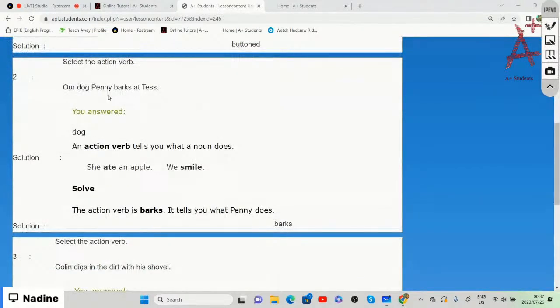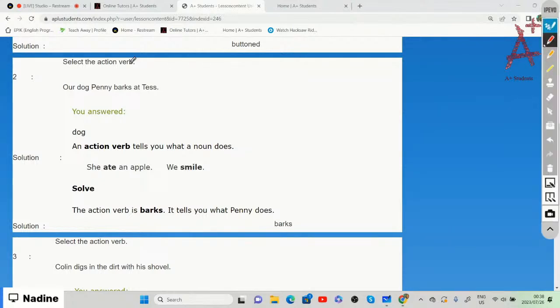Our dog Penny barks at Tess. We need to select the action verb within that sentence. If we choose the action verb that tells us what our dog does, because Penny is the dog, then we can say that Penny the dog barks at Tess.